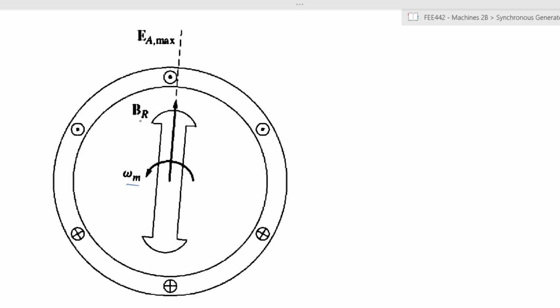Because of that, it has a flux that has a value of Br, that is the magnetic field within the rotor. And then you have your internal generated voltage. But before we get to that, remember we've said we have 2 different things that we are looking at.